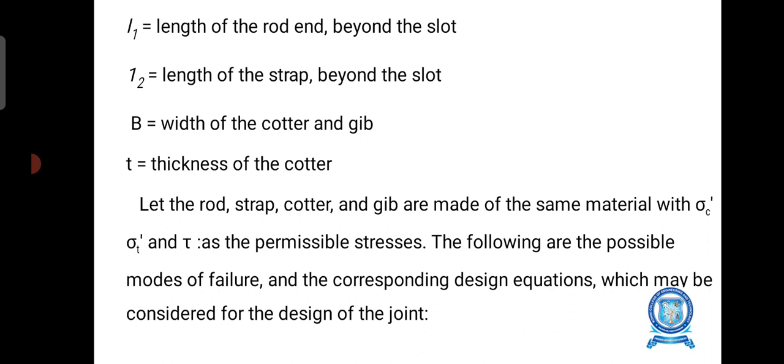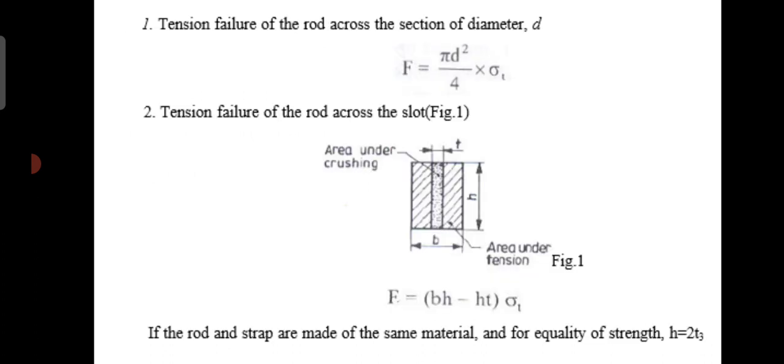The following are the possible modes of failure and the corresponding design equations which may be considered for the design of the joint. First, tension failure of the rod across the section of diameter: F equal to pi d square divided by 4 into sigma t.